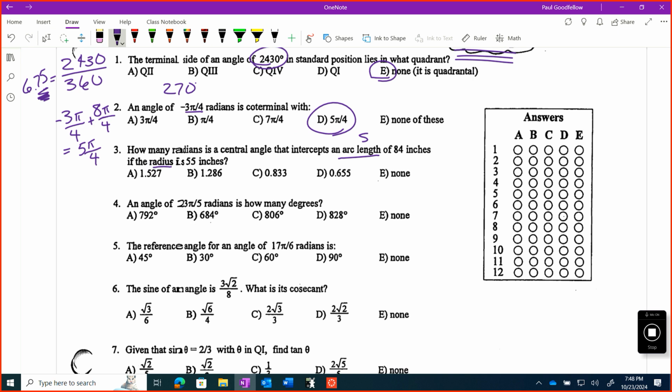Couple of formulas you're going to make sure you watch for on this test, and that is S is equal to R theta. This is about arc length and radius.